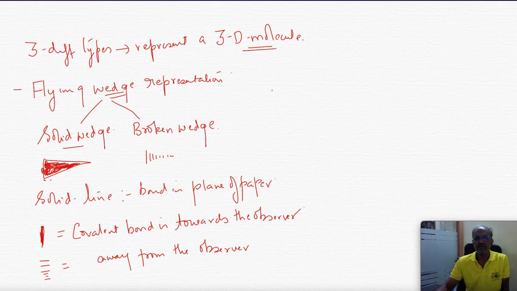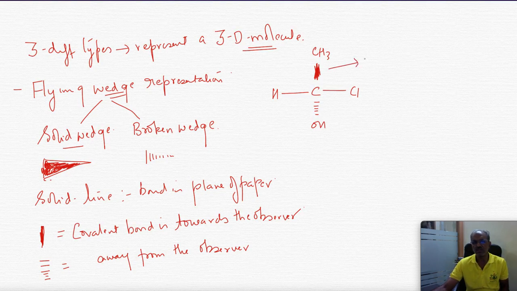Take for example, this is C, and this is H, which is in the plane of paper. This is CH3, this is OH, and another is Cl. This one is towards the observer, and this is away.